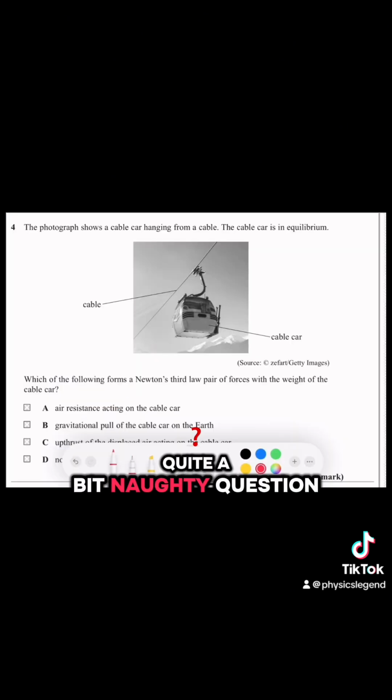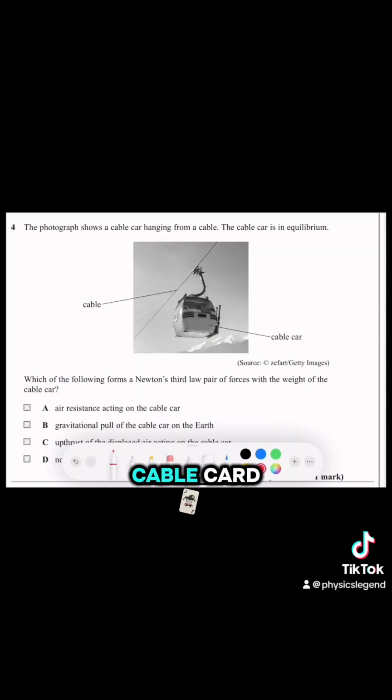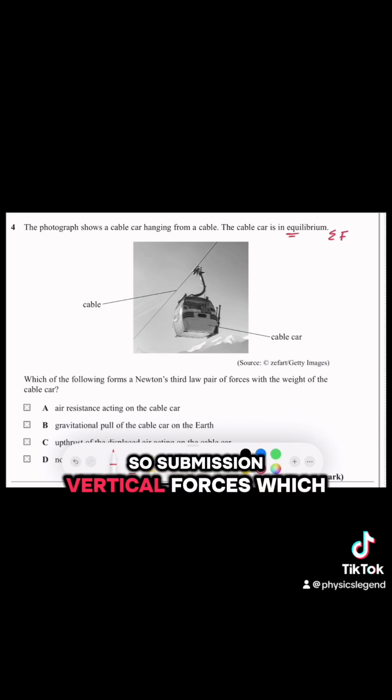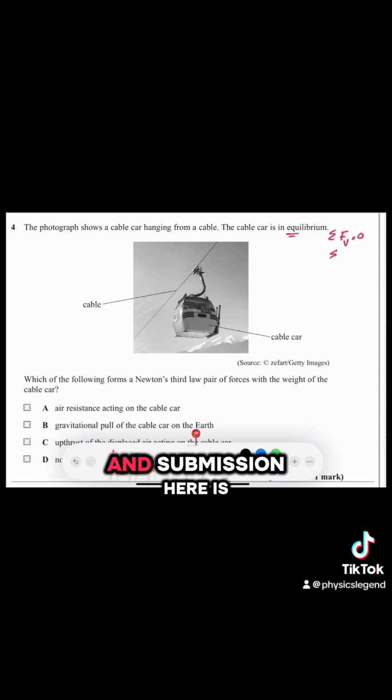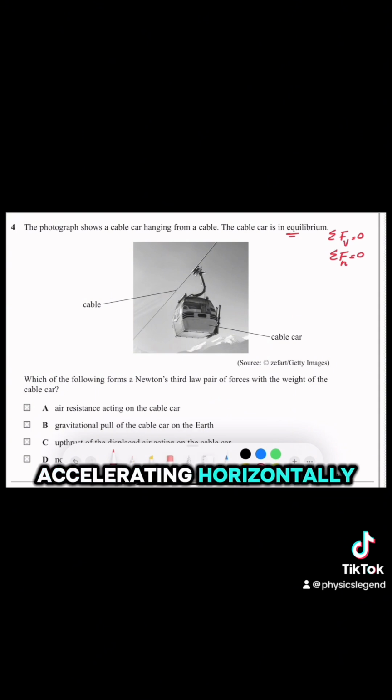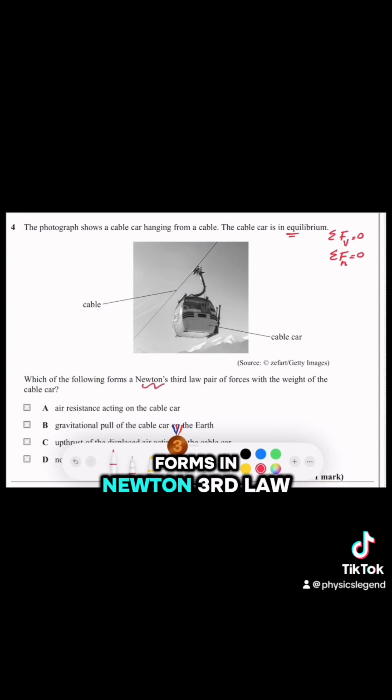Quite a naughty question. The photograph shows a cable car hanging from the cable, and the cable car is in equilibrium, so the summation of vertical forces is 0, and the summation of horizontal forces equals 0 as well if you are not accelerating horizontally. Which of the following forms a Newton third law pair of forces?